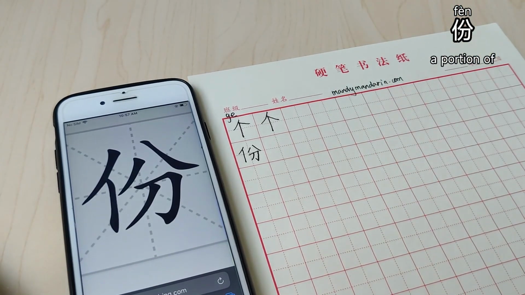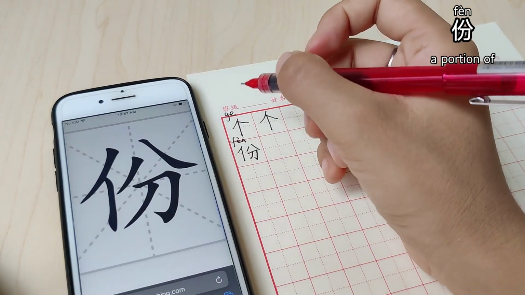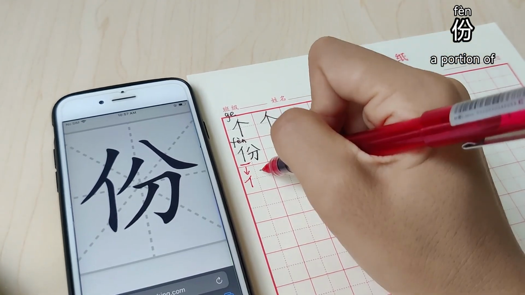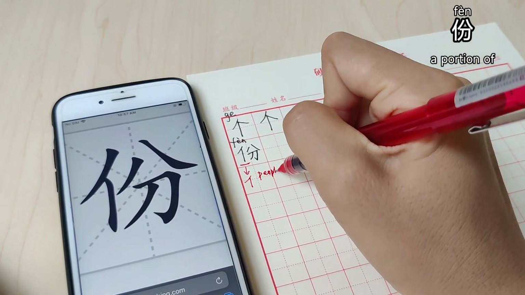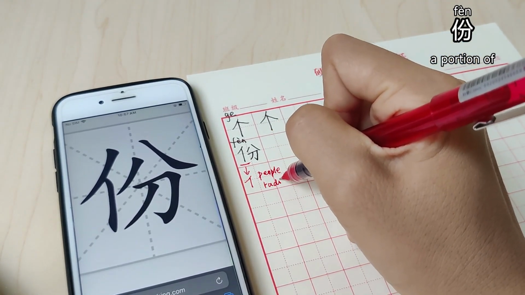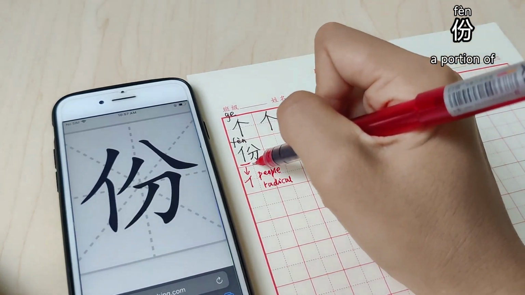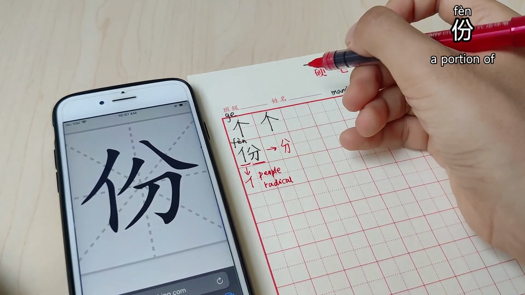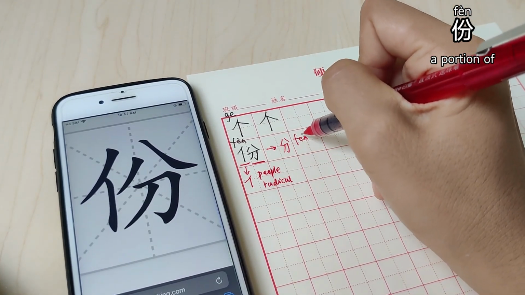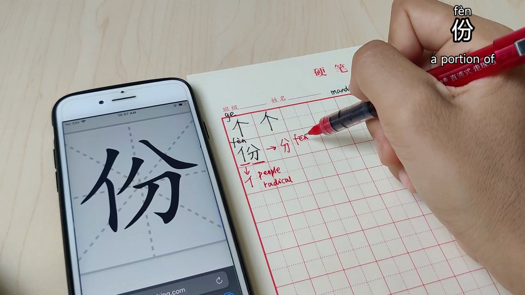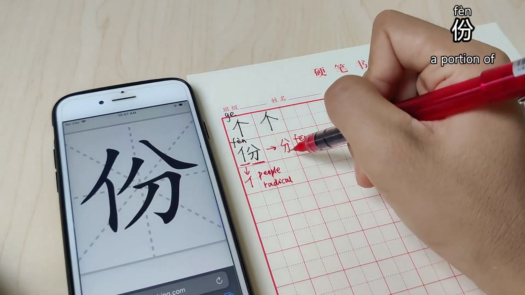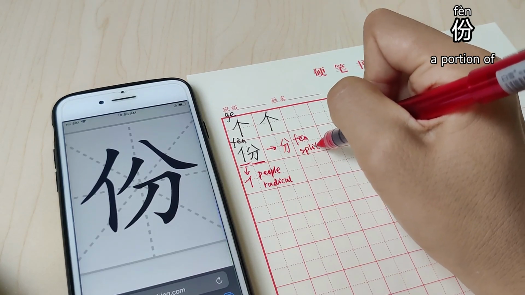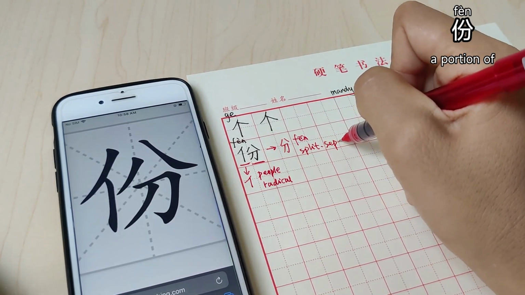Let's take a good look at it. On the left, this is the people radical. And on the right, this part, this is 分. 分 itself means split, separate.